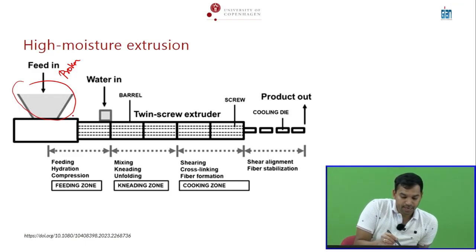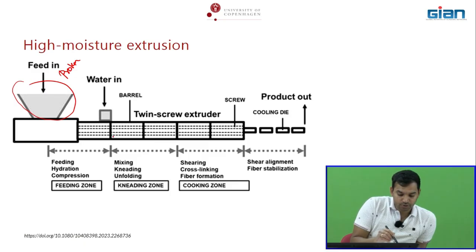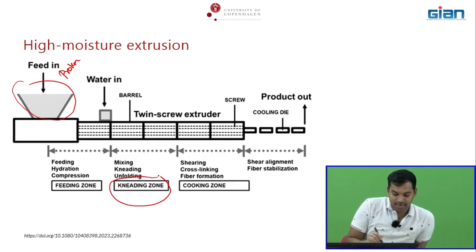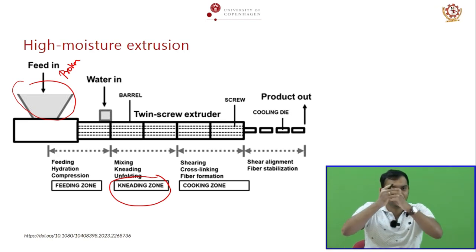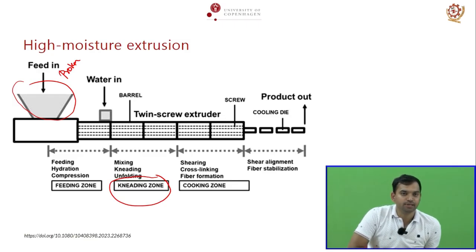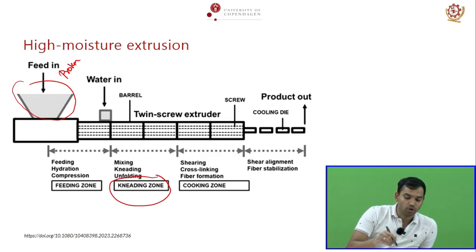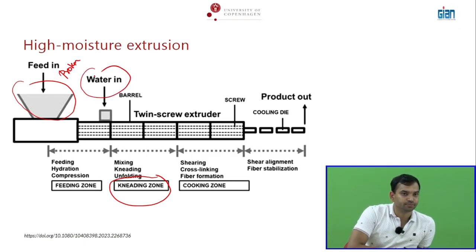And then it comes to the second region, what we call the kneading zone. Kneading is nothing but mixing. In that zone, all the ingredients that you have added will be mixed with water.